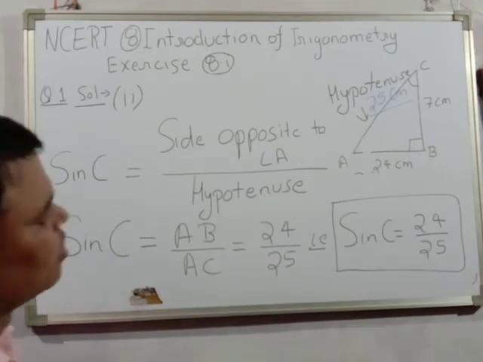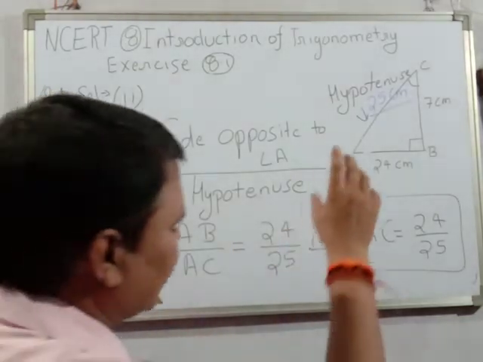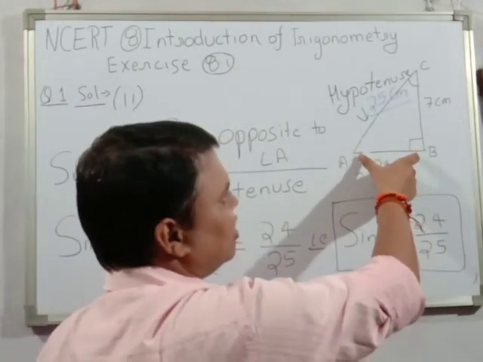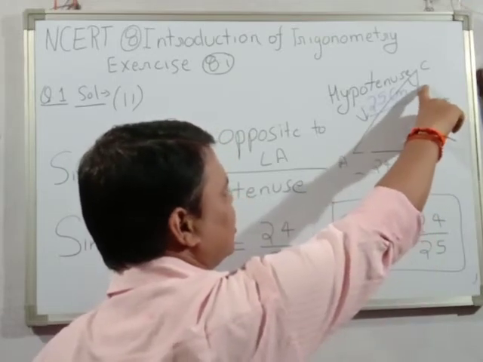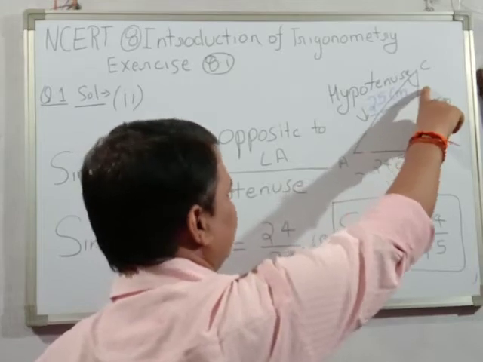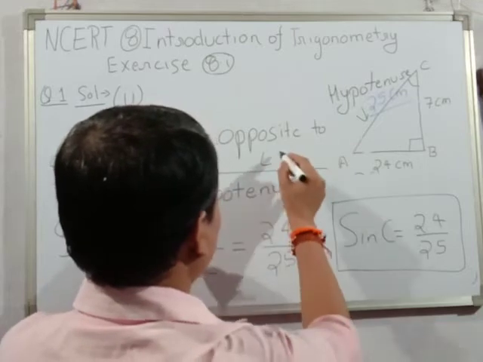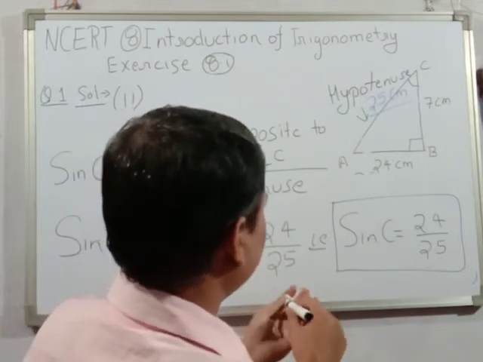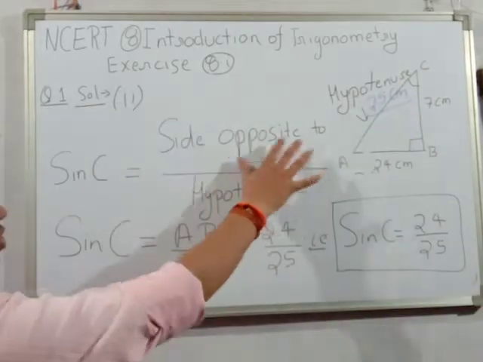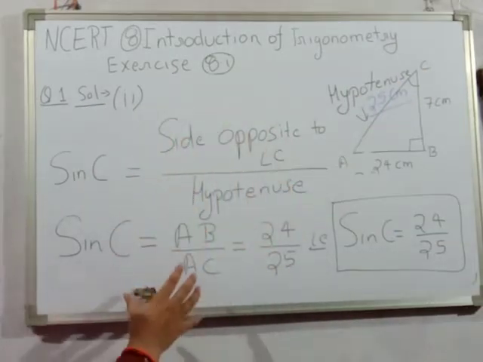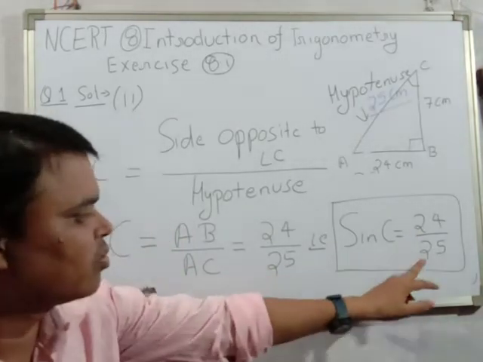Once again, in the second part we have to find sin C and cos C. For sin C, side AB is the side opposite to angle C, and side BC is the side adjacent to angle C. This is the hypotenuse, 25. So sin C is side opposite to angle C upon hypotenuse, that is AB by AC, 24 upon 25.